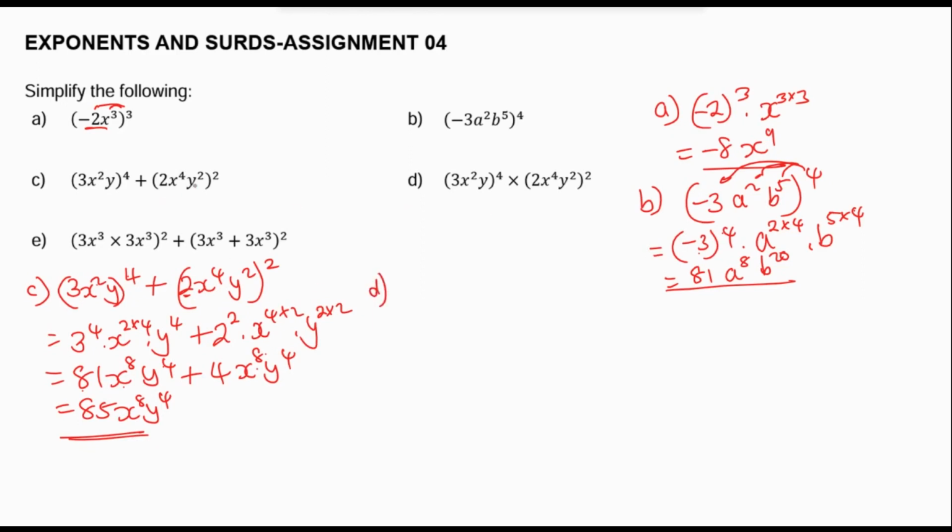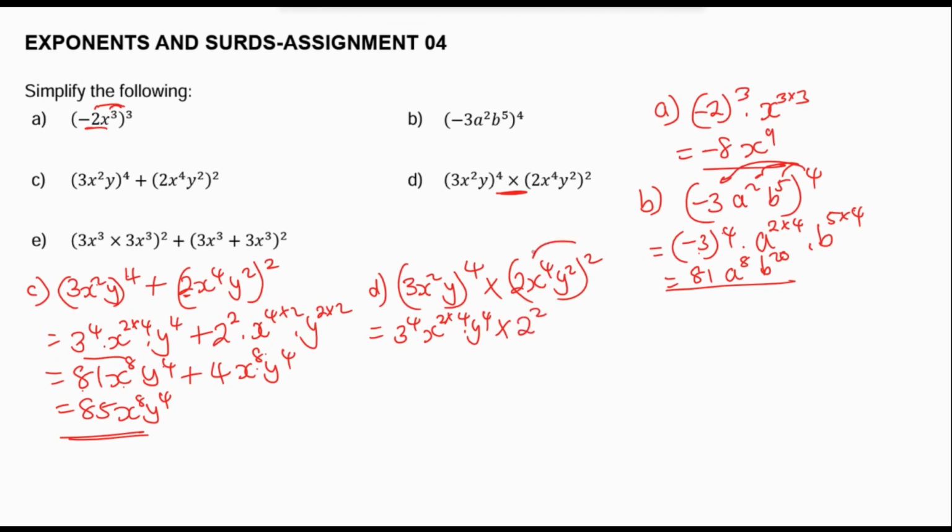D is just the same as C, but the only difference is that here we have multiplication. So it's going to be 3x squared y, all this to the power 4, times 2x to the power 4 y squared, all raised to the power of 2. So this will give us 3 to the power 4 x to the power 2 times 4 times y to the power 4, then times 2 to the power of 2.